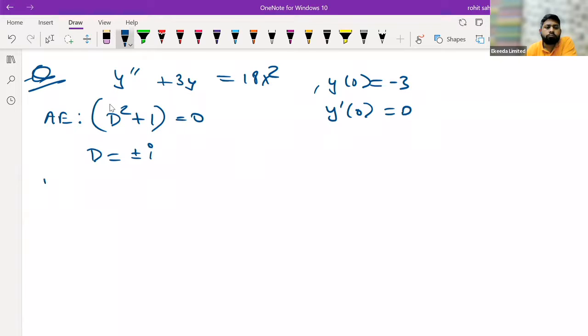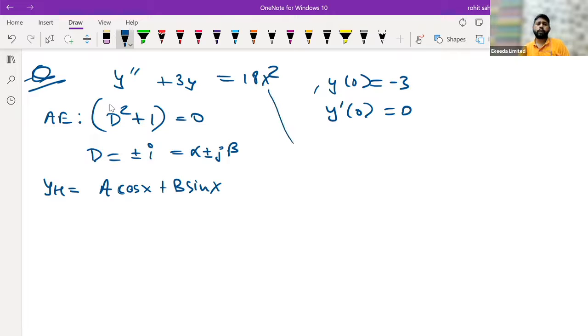So your homogeneous part will be like some constant a. This is alpha plus and minus j beta, I beta. So complex conjugate roots. So the homogeneous part is going to be a cos beta. Beta is 1. So a cos x plus b sin x. Fine. This is your homogeneous part.